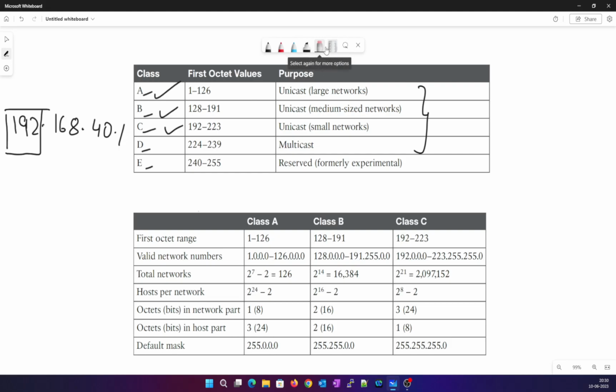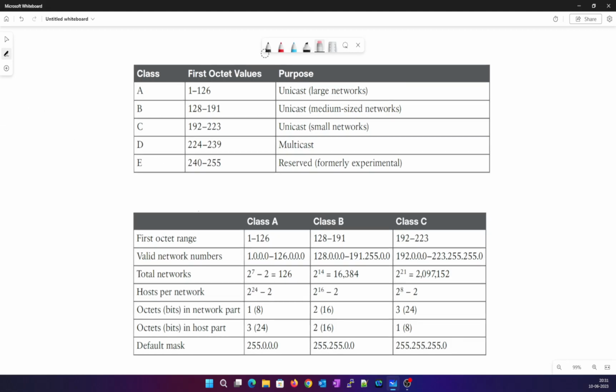You can see at the bottom of this screen that these classes have different bits assigned to them. We will see those bits later in this video. Based on those bits, how many network bits do we have?